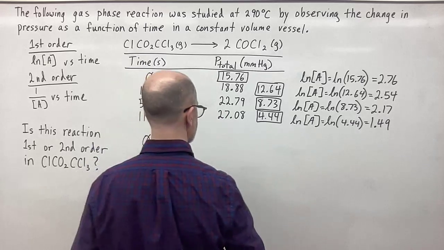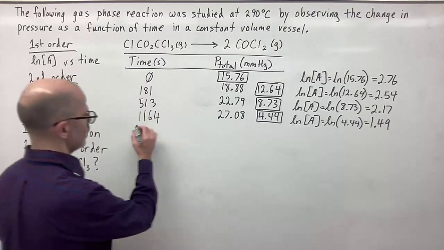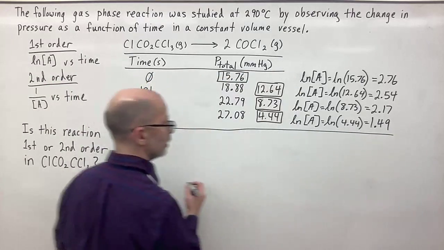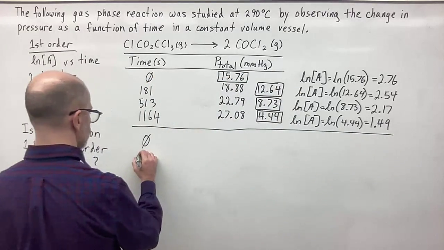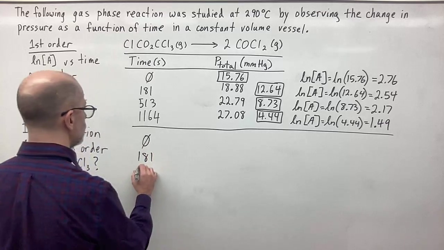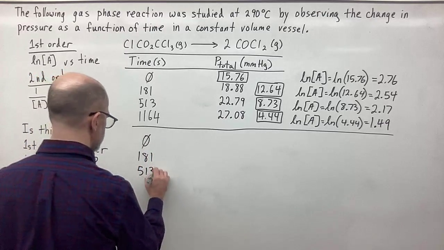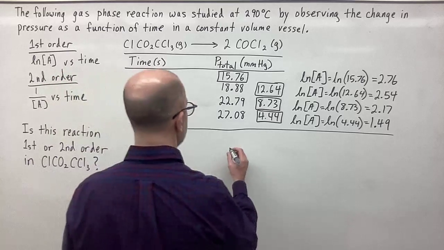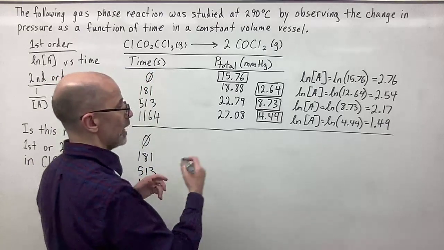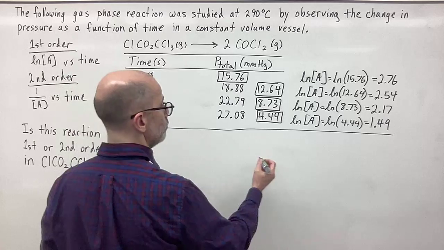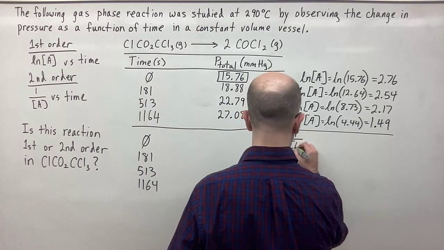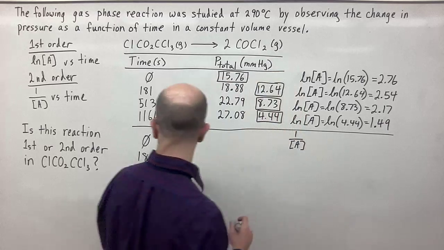And then for the second order, if we reproduce the table here, just to make it clear: 181, 513, 1164. Now, what we want to do is find the 1 over A for each of these times.